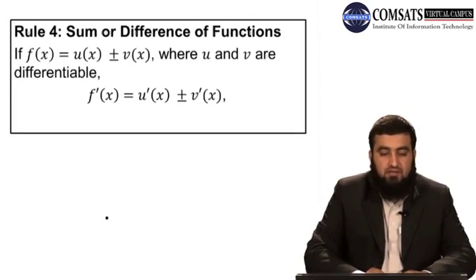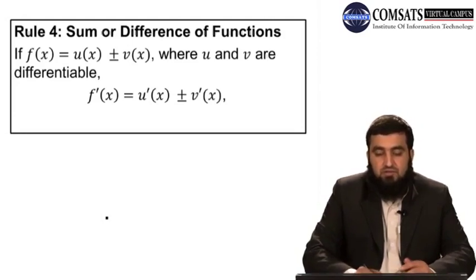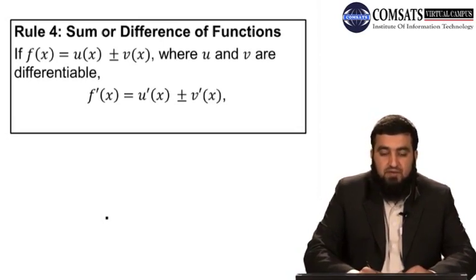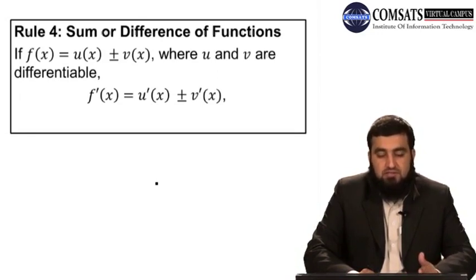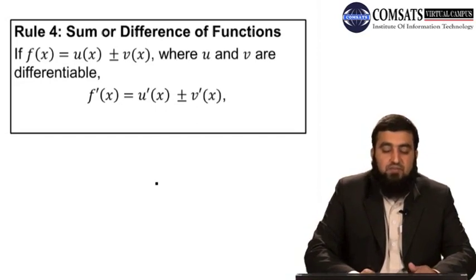If you have f of x equal to the sum or difference of two other functions, u of x plus or minus v of x, then f prime of x is equal to u prime of x plus or minus v prime of x. So if you have two functions u and v and their sum is f of x, then the derivative of f of x will be the sum of u prime of x and v prime of x, and if f of x is the difference of u of x and v of x, then f prime of x will be the difference of u prime of x and v prime of x.